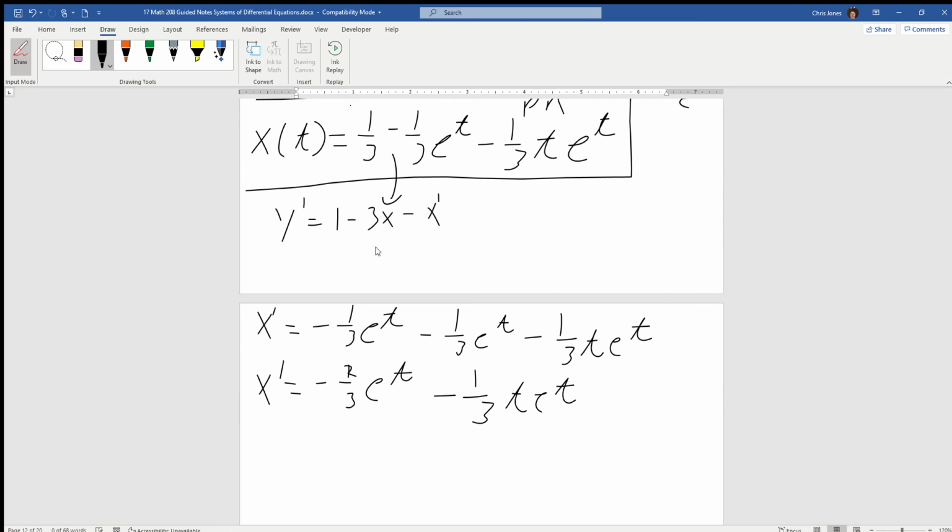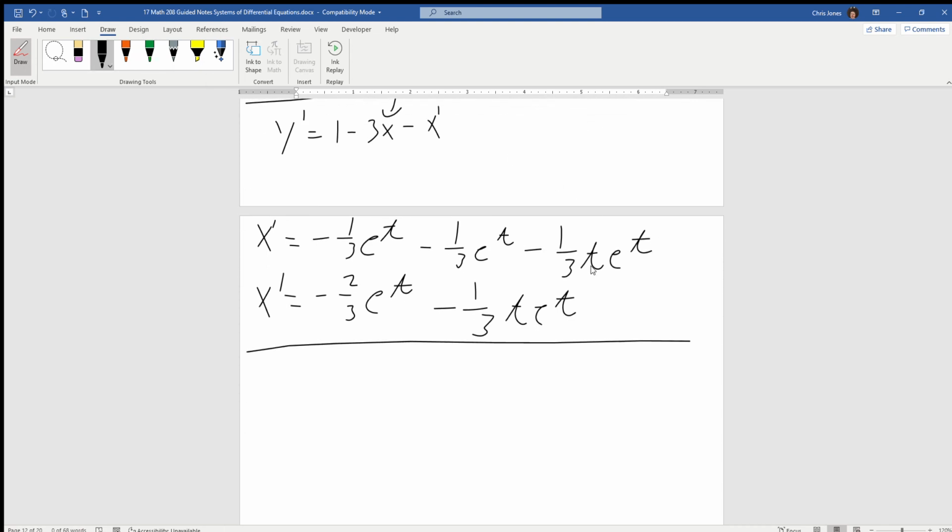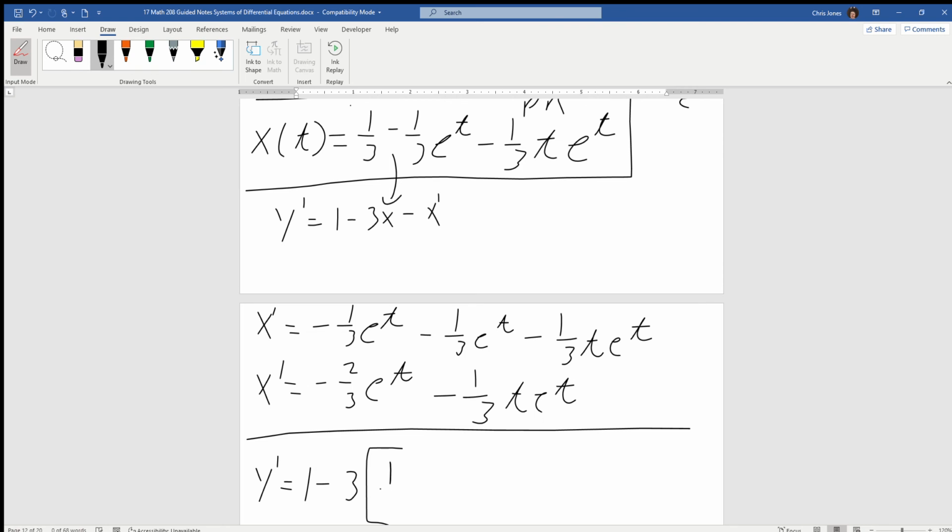I know it's not the nicest numbers in the world, but it is differential equations using Laplace transform, so we're probably not expected to get nice ones. Now we're going to substitute, and we're going to be able to get y prime. So y prime is going to be equal to 1 minus 3 times the original x that we just got, which was 1/3 minus 1/3 e to the t minus 1/3 t e to the t.